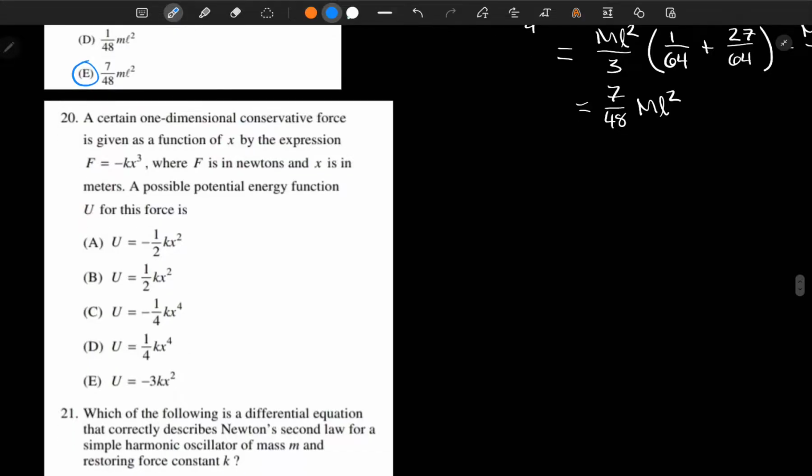Next, let's assume that a certain one-dimensional conservative force is given as a function of x by the expression F equal to negative k x cubed, where F is in newtons and x is in meters. We wish to find a possible potential energy function U for this force. Well, conservative forces have a special form.